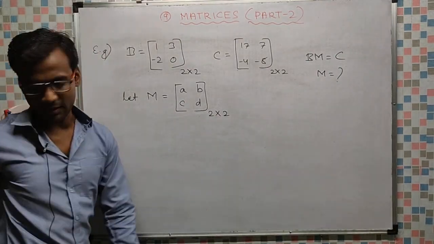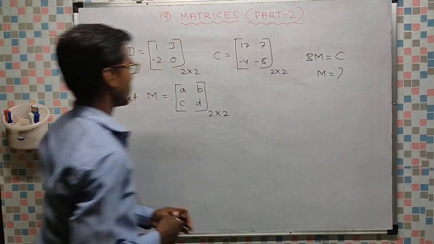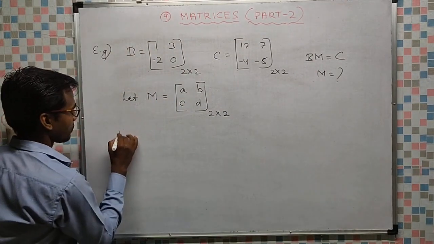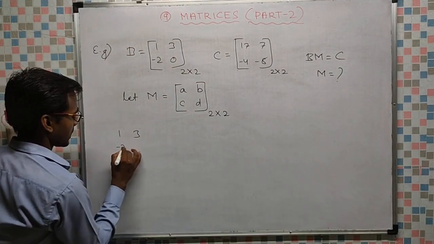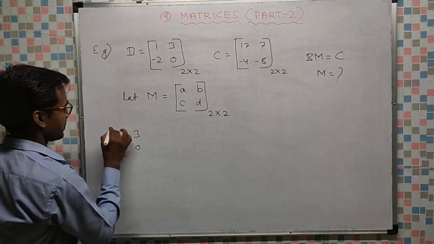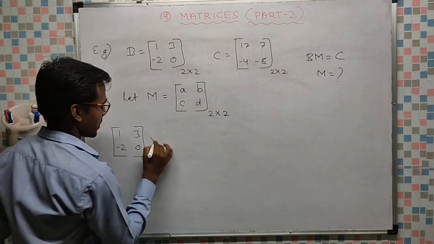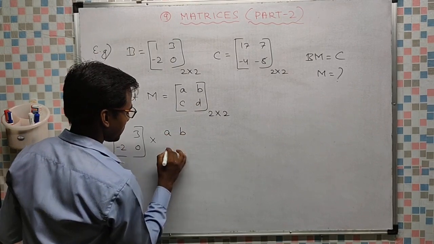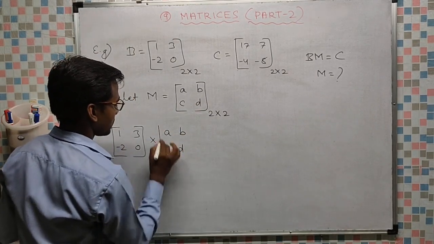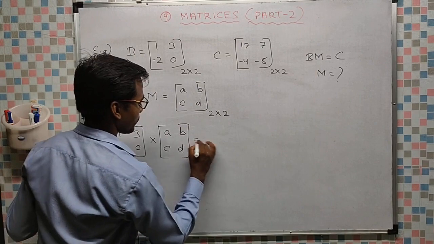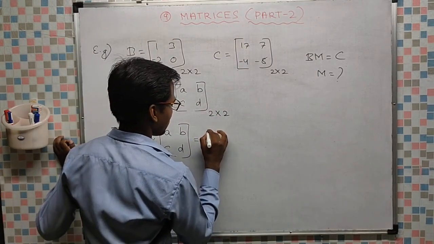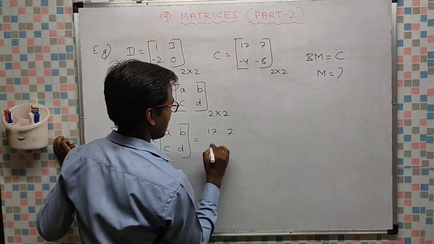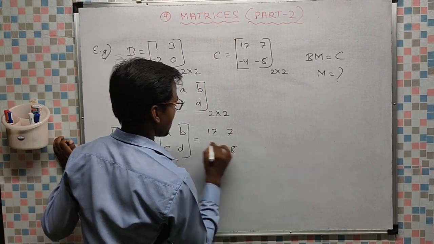Now let us multiply. B into M is equal to C. What is B? 1, 3, minus 2, 0 into M, which is a, b, c, d, which is equal to C, that is 17, 7, minus 4, minus 8.